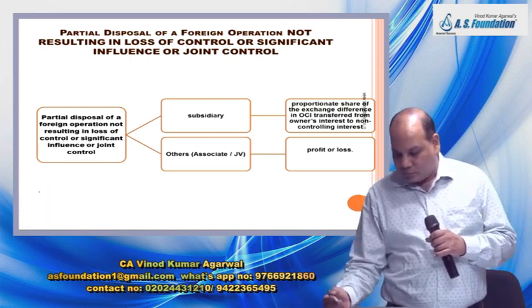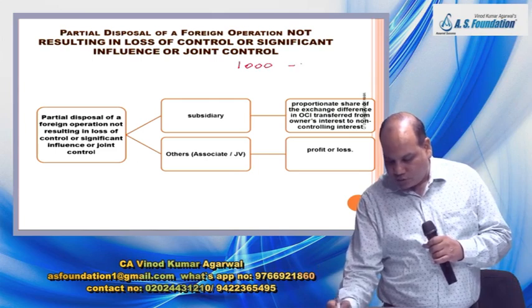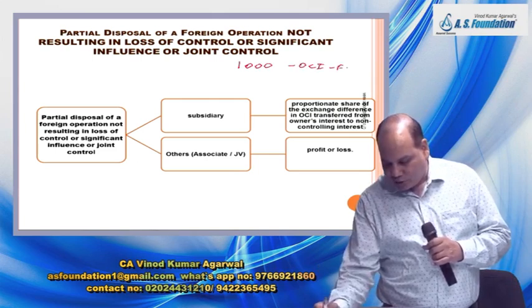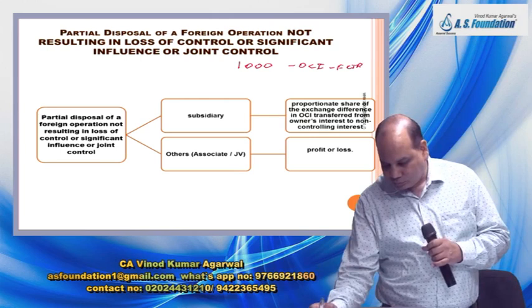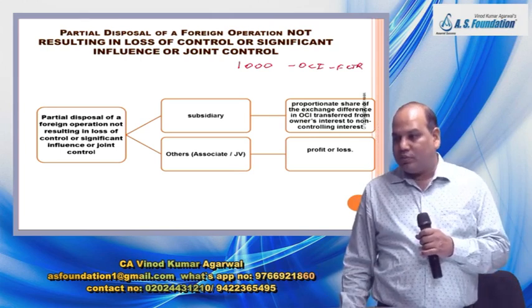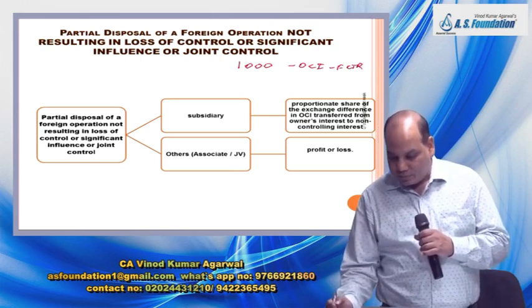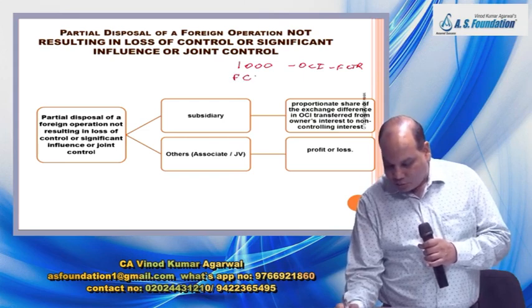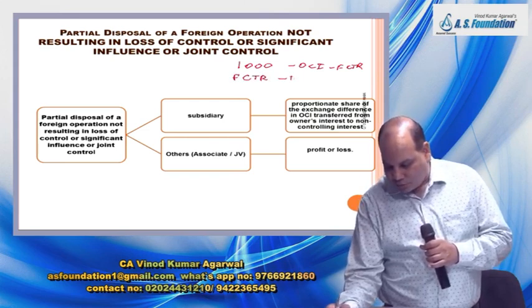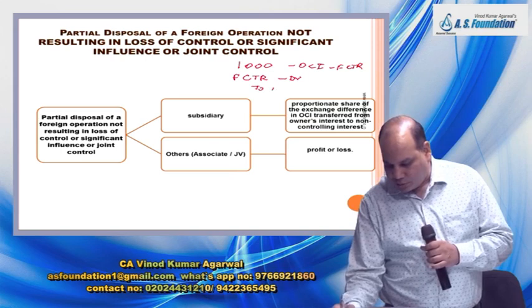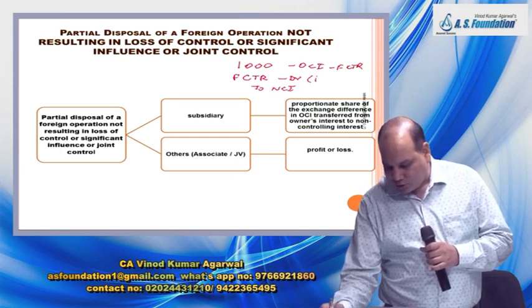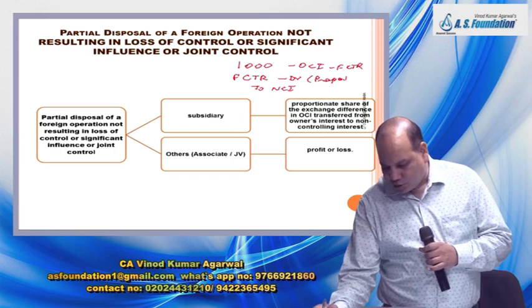Right? Suppose you have 1000 in OCI, FCTR, and you have sold some stake in the company. So now what you will do, FCTR account debit to NCI, proportionate amount.